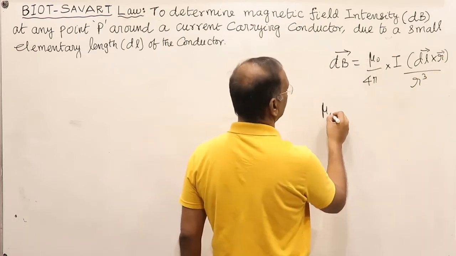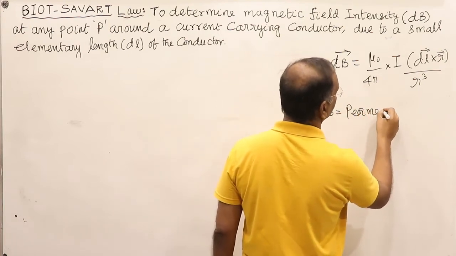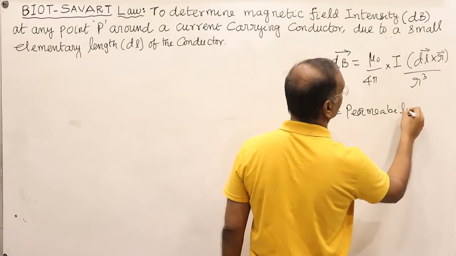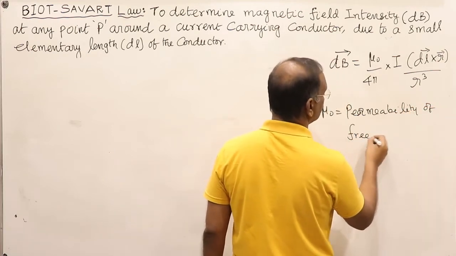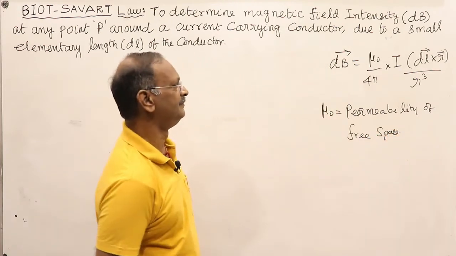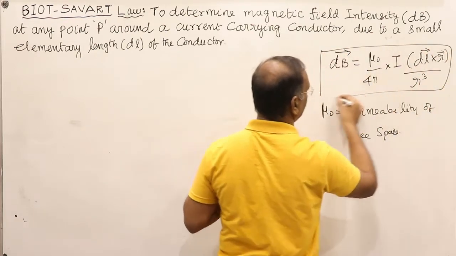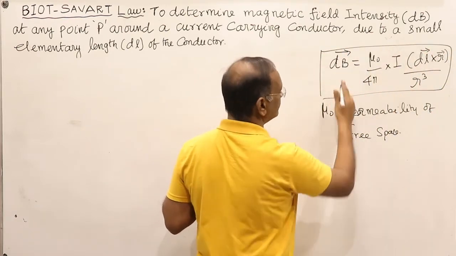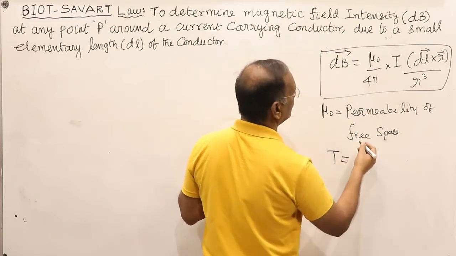Mu naught is equal to permeability of free space. What is its unit? Look here, we can get the unit here itself. Magnetic field is in Tesla.